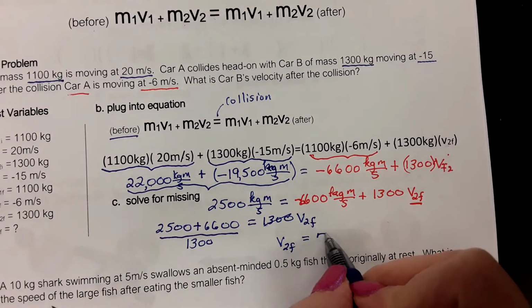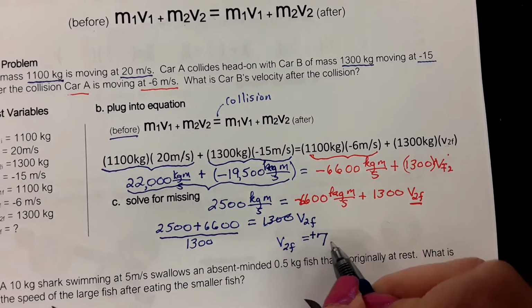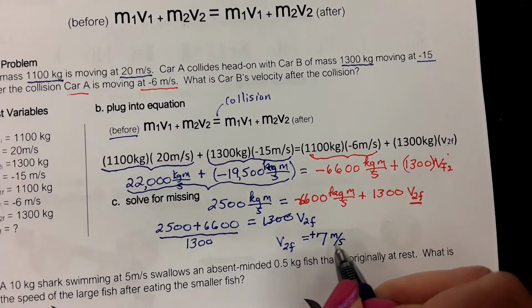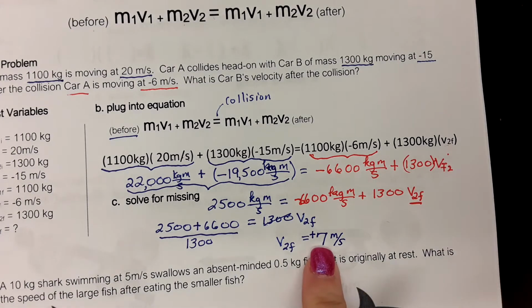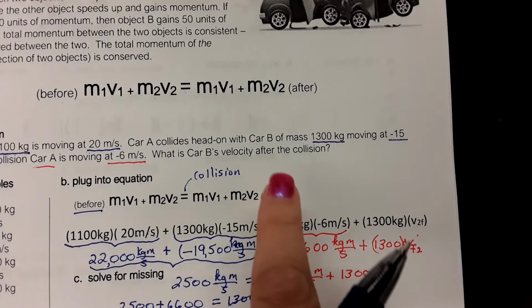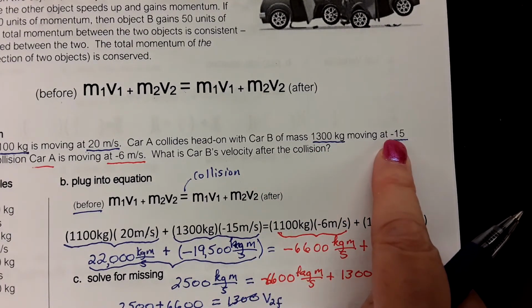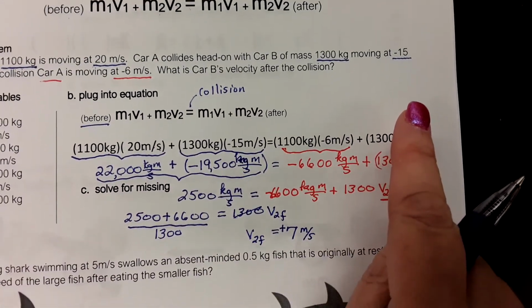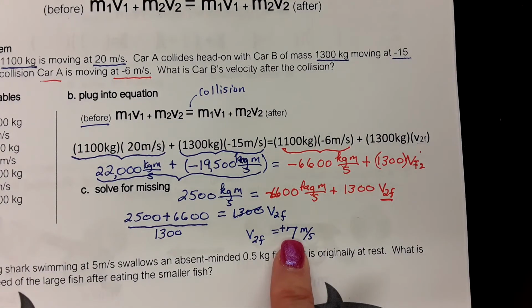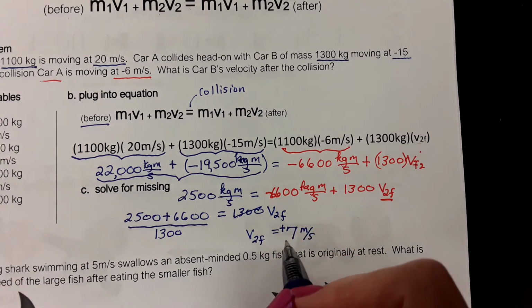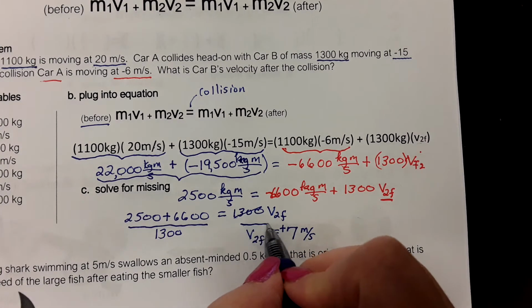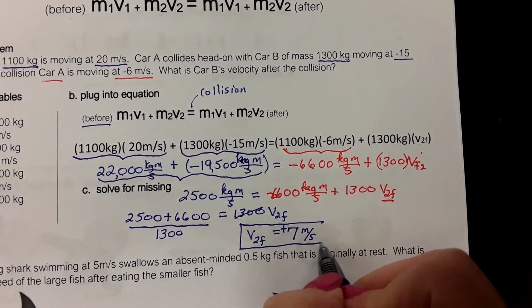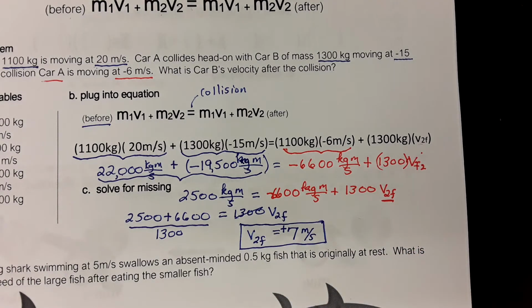So car B, and notice it's a positive 7, so car B will be moving in the positive direction. It'll change direction. Notice at first it was moving in the negative direction, wasn't it? But when it collides with car A, it will change direction. It will go back the other way at 7 meters per second, almost half the speed, but in the other direction. So there's our answer right there, okay?